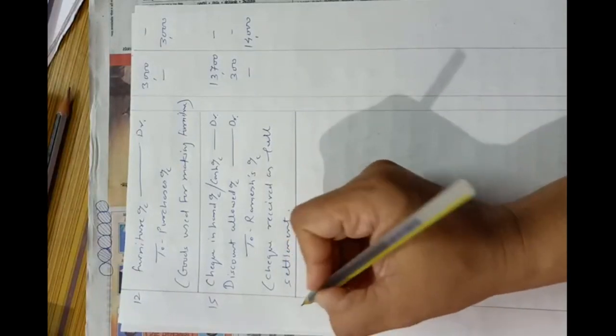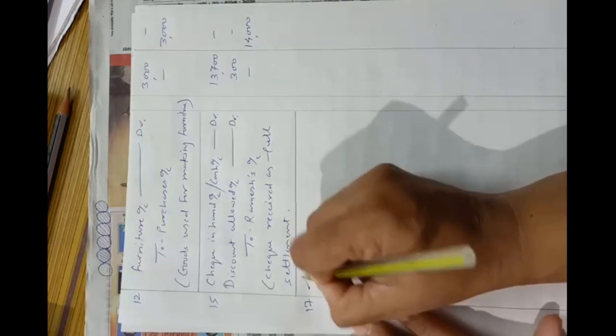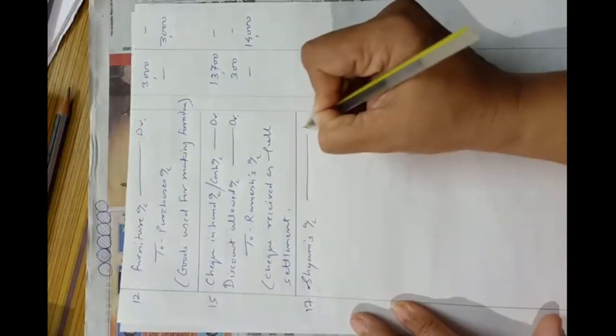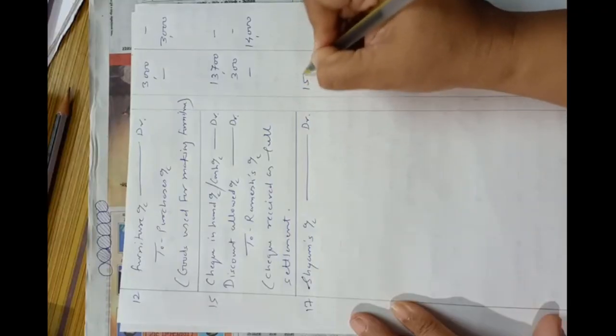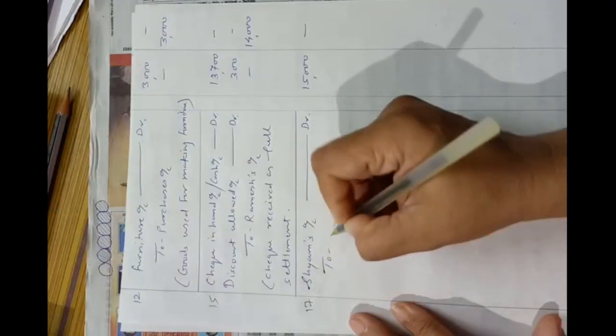Now 17th April. Sham's account, cheque in hand account and discount received account. So the entry will be Sham's account debit. I am not discussing every entry again because we have discussed all the entries.